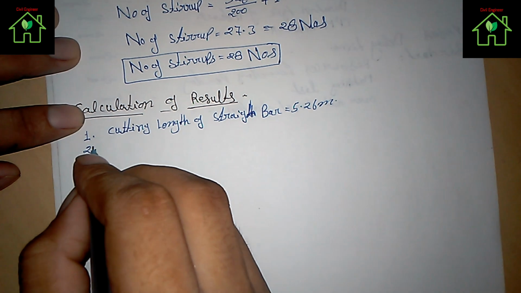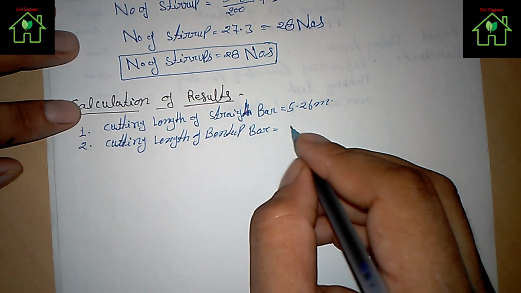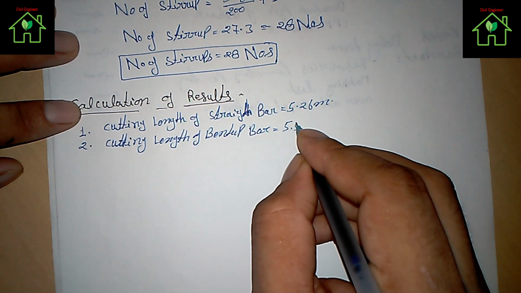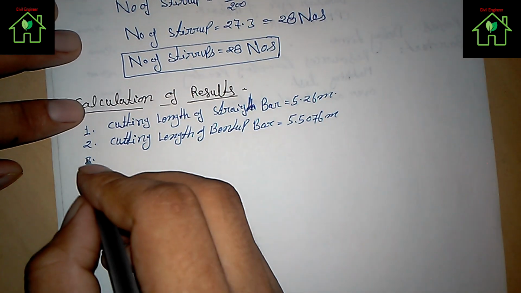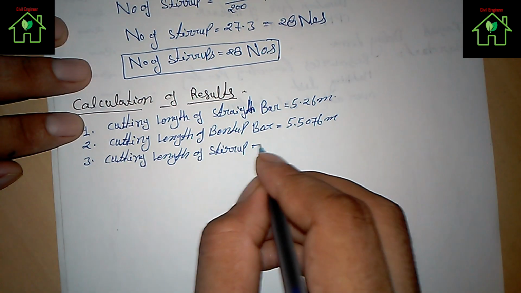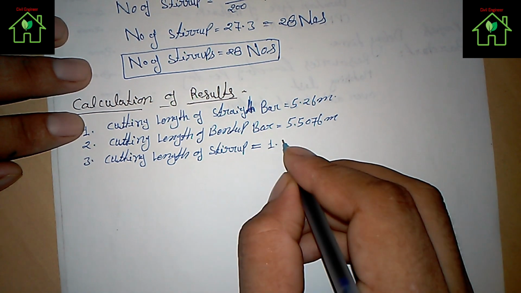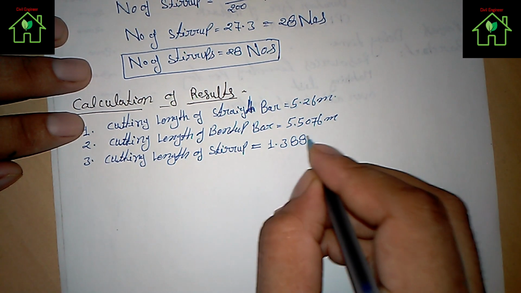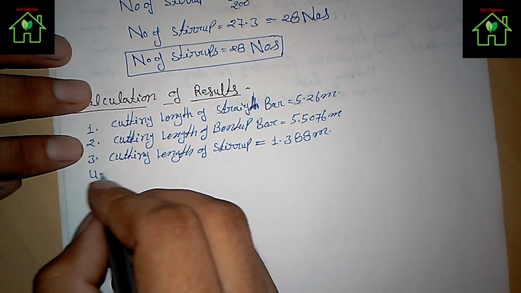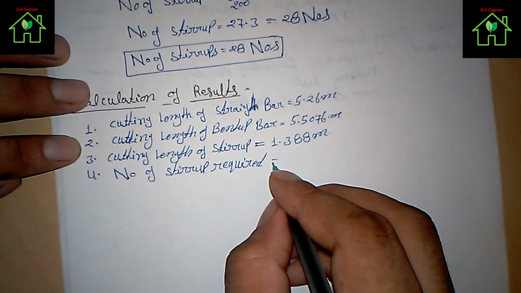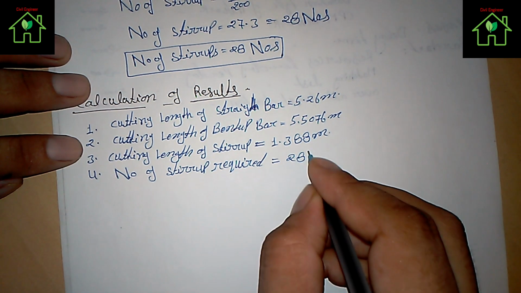Number 2, cutting length of bent up bar is equal to 5.5076 meter. Number 3, cutting length of stirrup is equal to 1.388 meter. Number 4, number of stirrups required: 28 numbers.